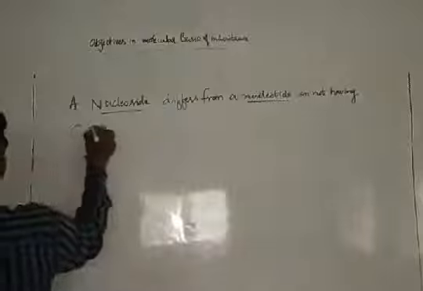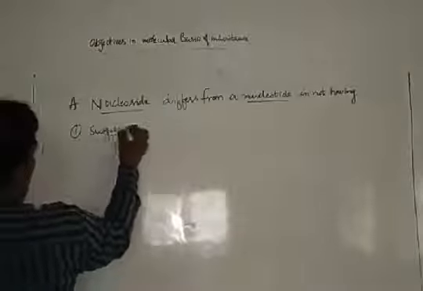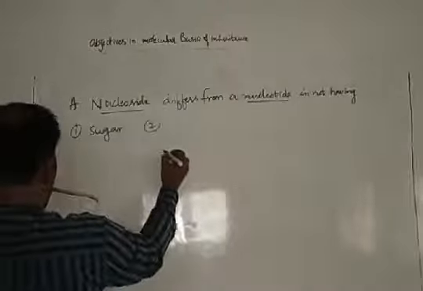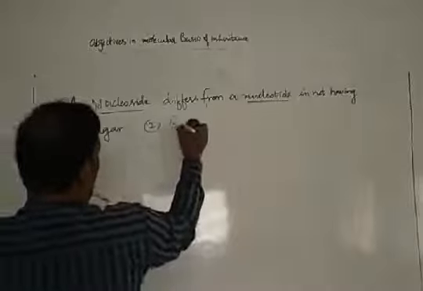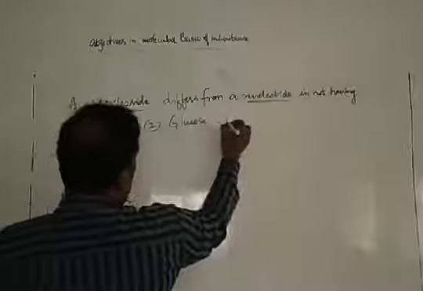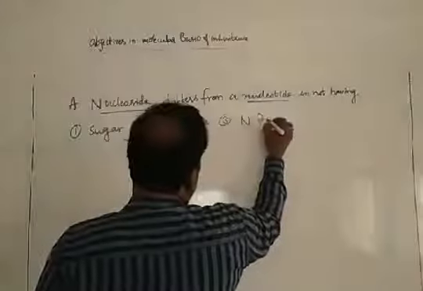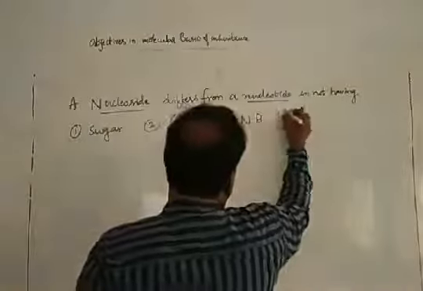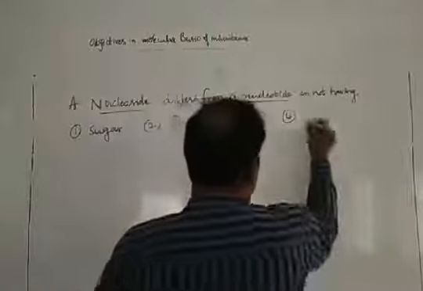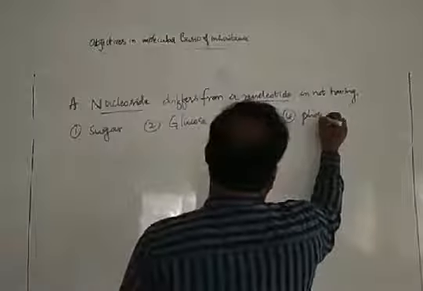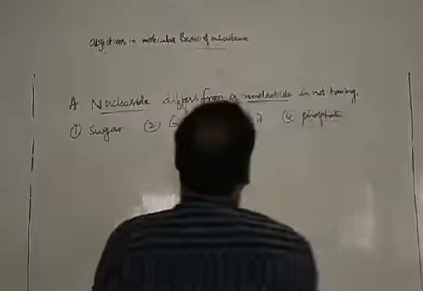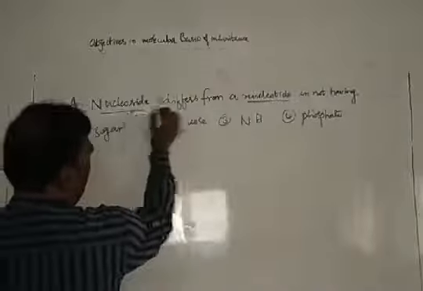The first option is sugar, second is glucose, third is nitrogen base, fourth is phosphate group. So let us see what a nucleoside and a nucleotide are.